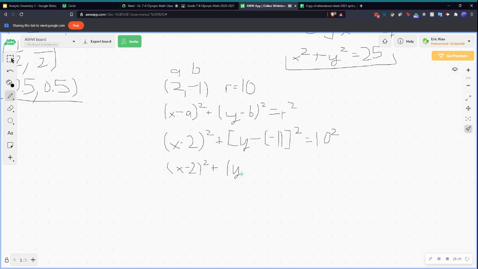So this would just be plus 1 because two negatives cancel out, and 10 squared gives you 100. You just leave the equation of the circle as is. So (x - 2)² + (y + 1)² = 100 is your equation of this circle.